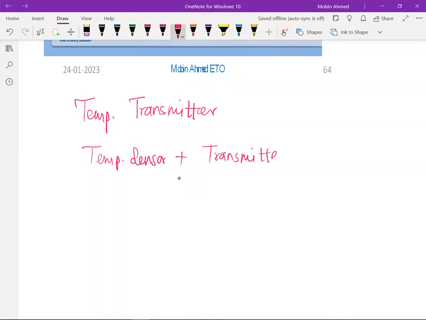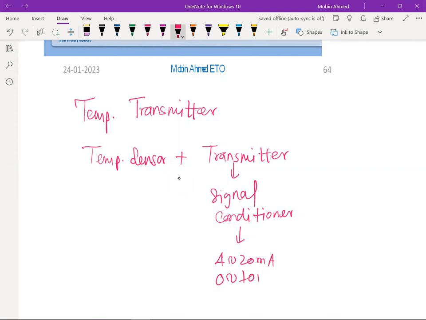This transmitter is nothing but a signal conditioner. This signal conditioner always gives the output 4 to 20 milliampere or 0 to 10 volt DC. So this is a standard format.